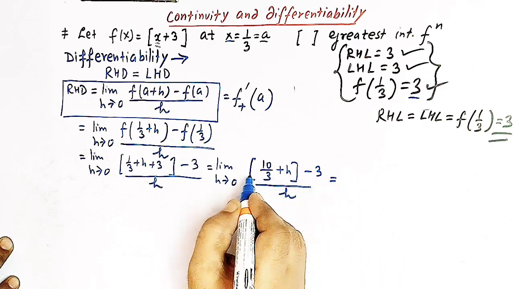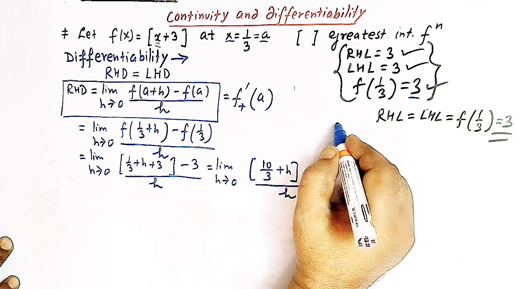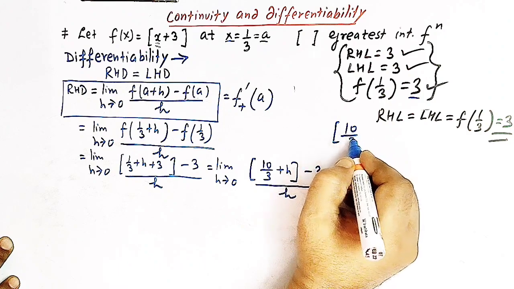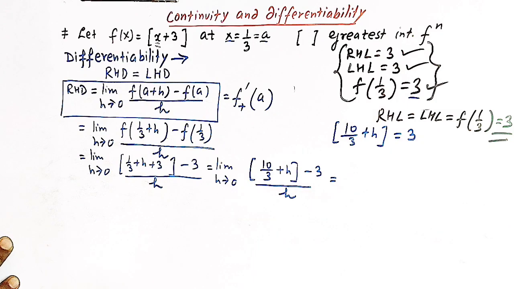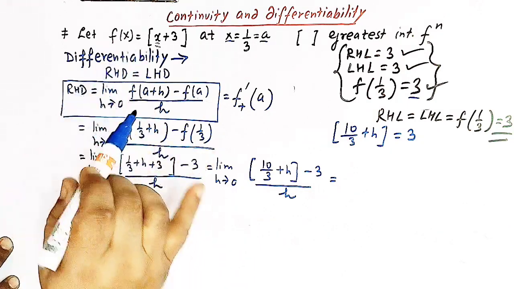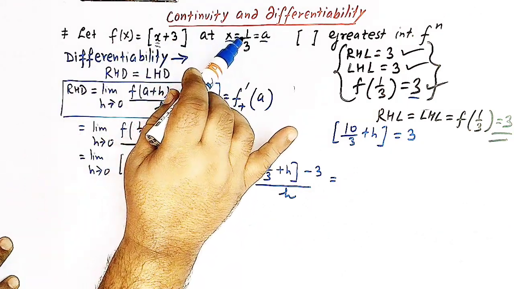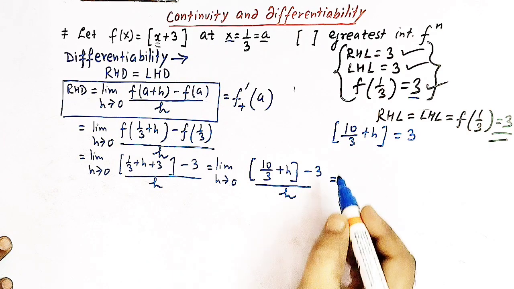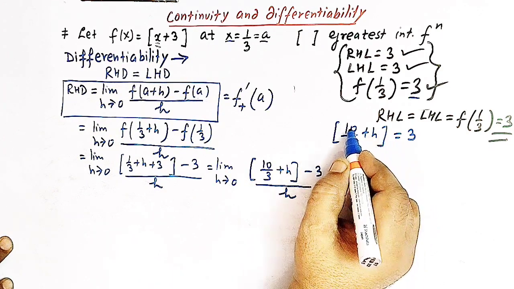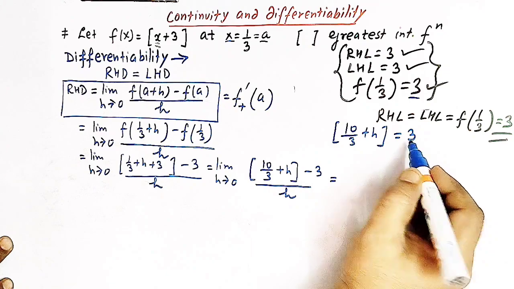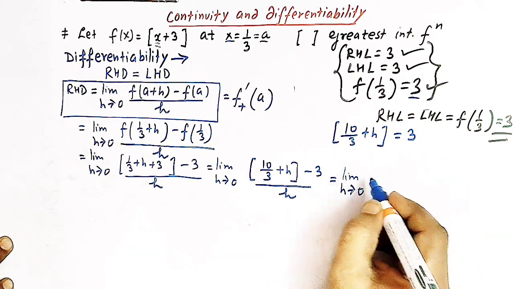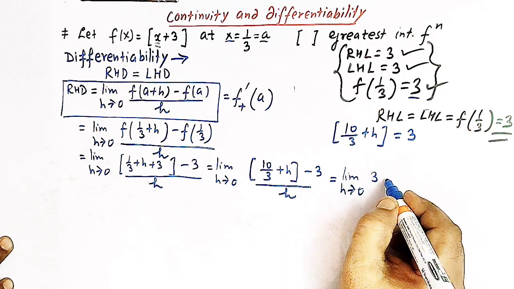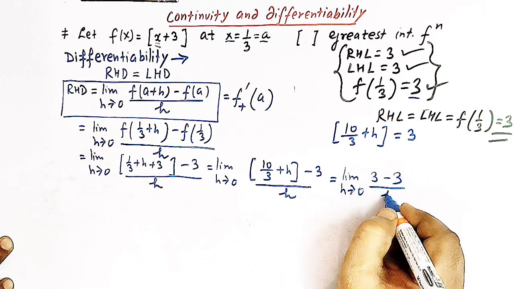And we have just seen that the greatest integer of (10/3 + h) is equal to 3, right? So while proving the continuity of this function at x = 1/3, we saw that the greatest integer of (10/3 + h) is equal to 3. So we have limit h tends to 0, 3 minus 3 over h.